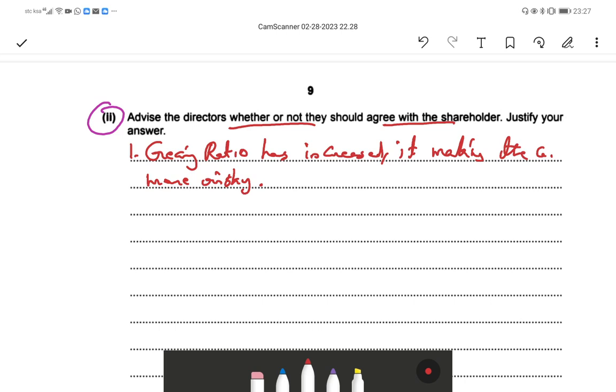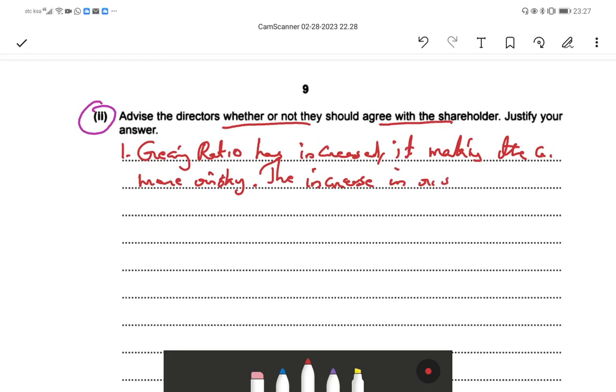Next, the increase in risk might have led to a high rate of interest on the loan.